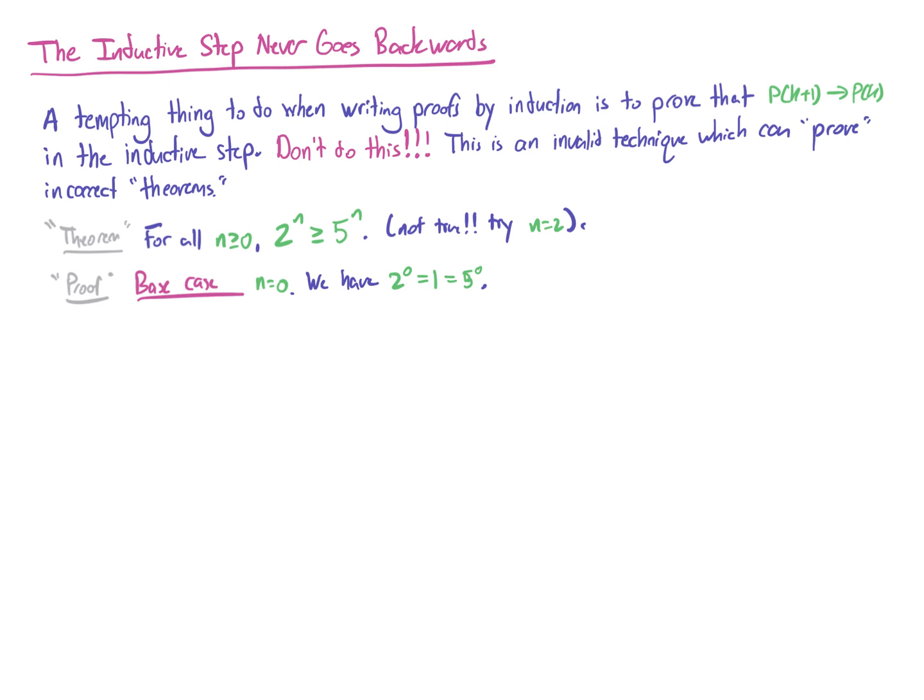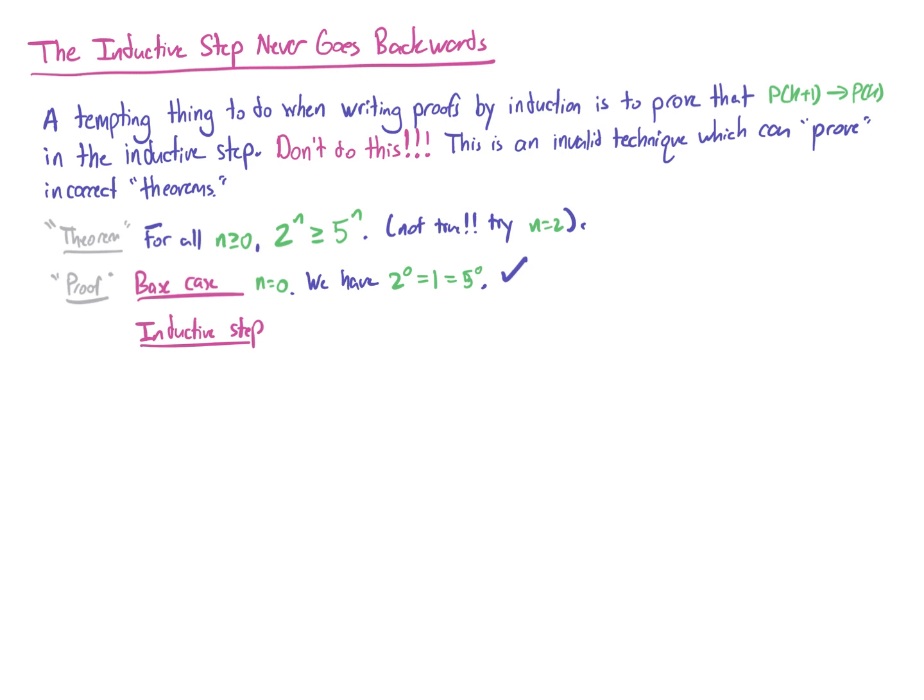Our inequality that we're trying to prove is not strict here. It says greater than or equal to. So actually, the base case is fine. Nothing wrong with the base case. n equals 0 is not a problem. But now, if we go to the inductive step, we're going to do induction backwards.